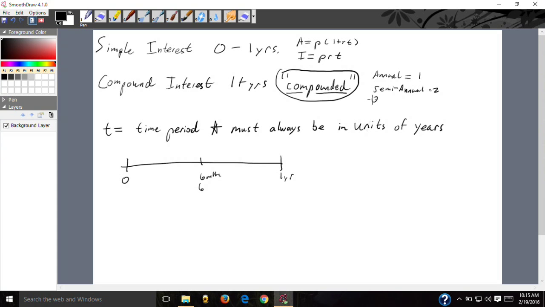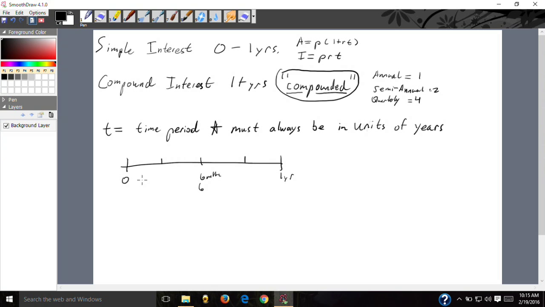And then I have quarterly, which is 4 periods. So all I'm doing with these compounding periods is breaking up the years into periods.